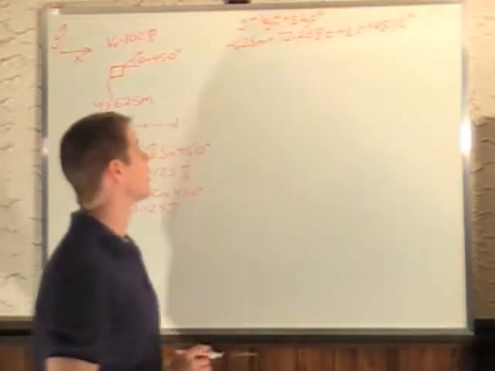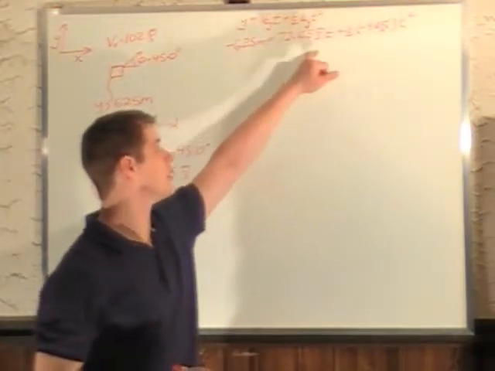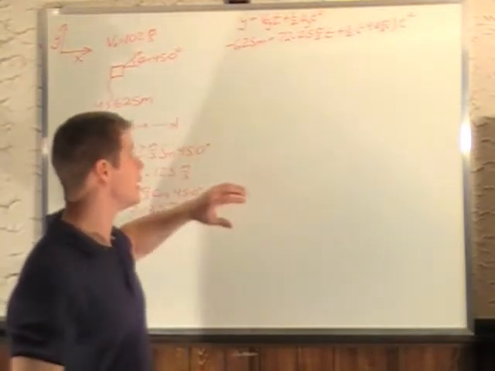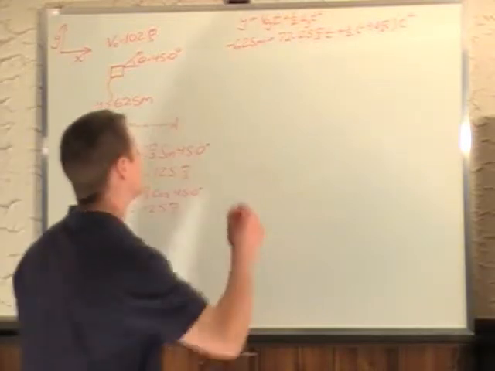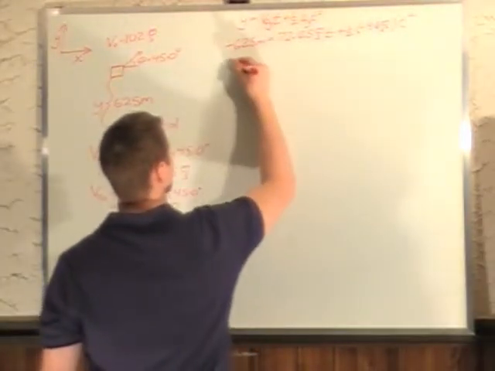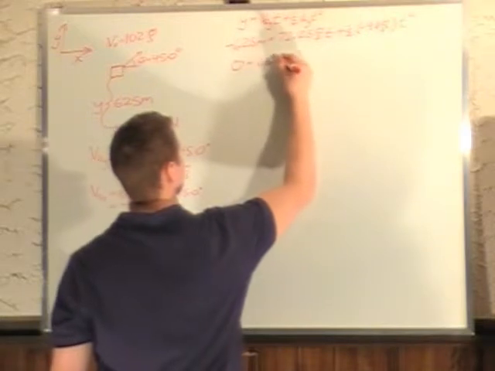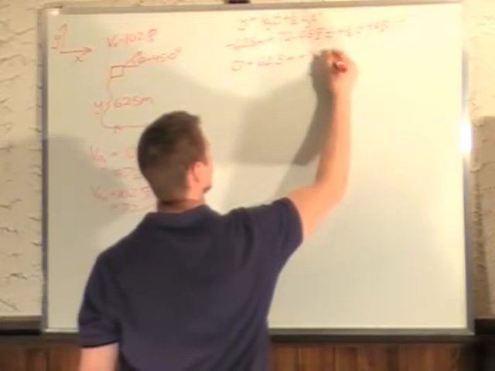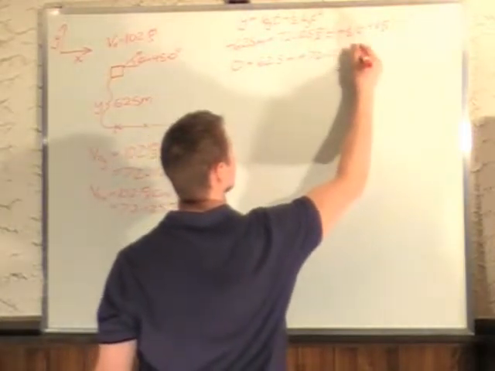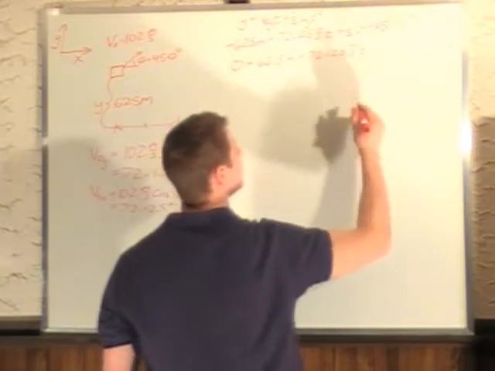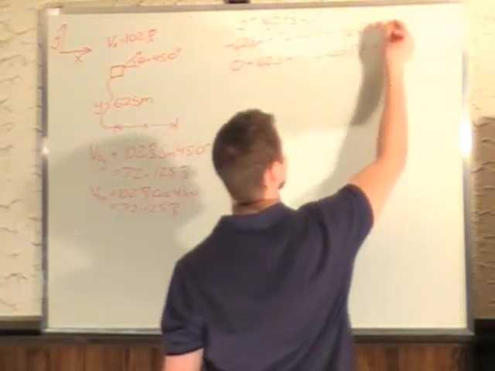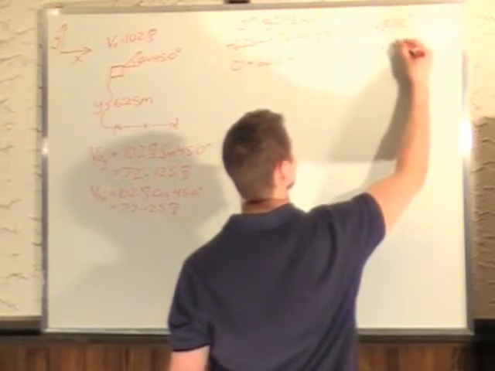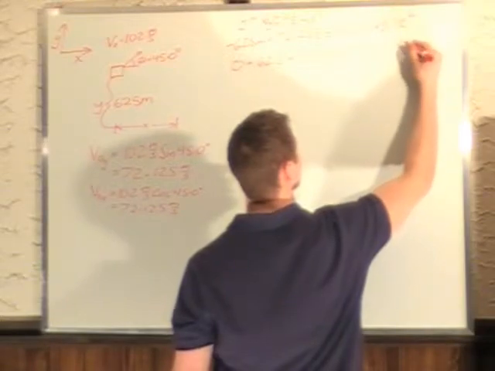Now, we can't solve for time yet because we just have t and t squared, so we can't cancel anything out, and none of these are zero. So what we have to do is use a quadratic equation. So first I'm going to move this 625 over, so we have 0 equals 625 meters plus 72.125 meters per second t minus, I'm just going to take this 9.8 and divide by the 2 to give me minus 4.9 meters per second squared t squared.